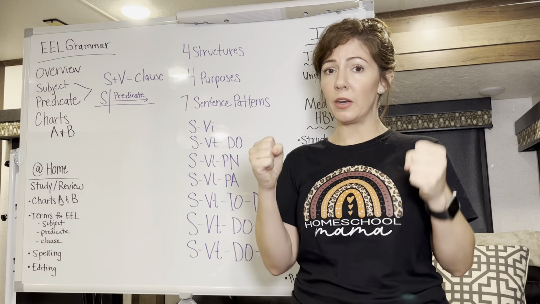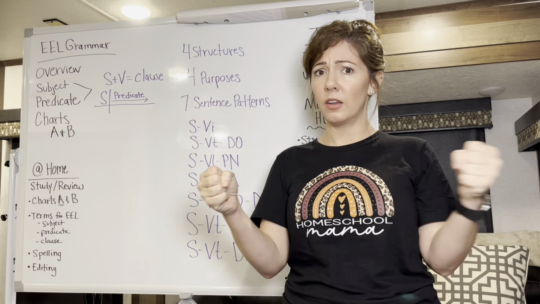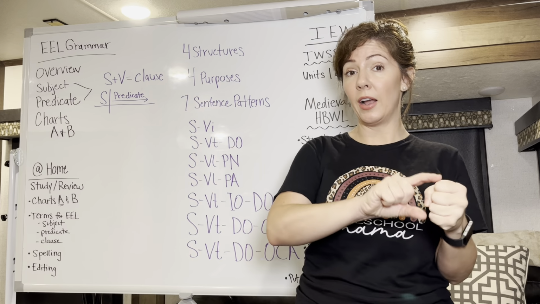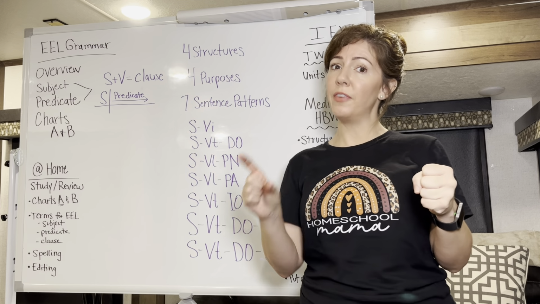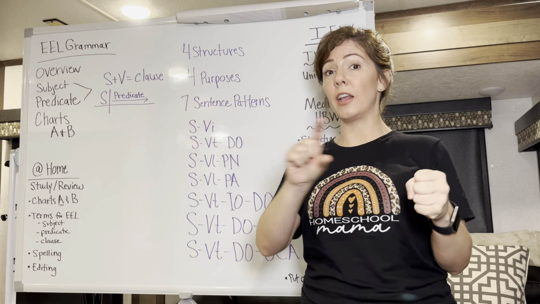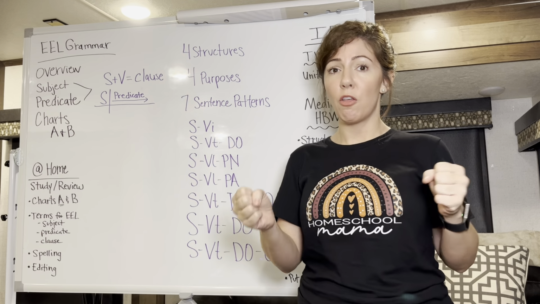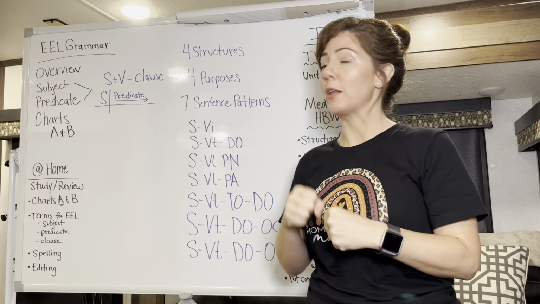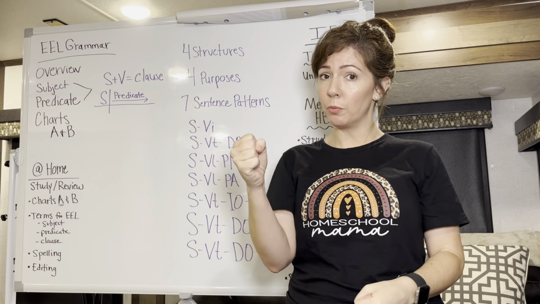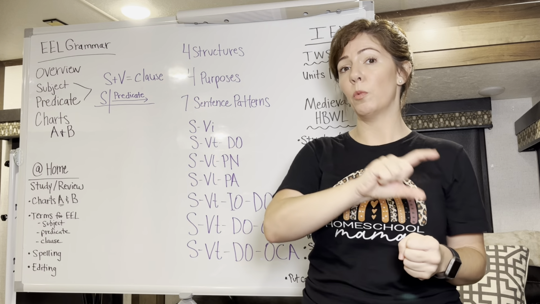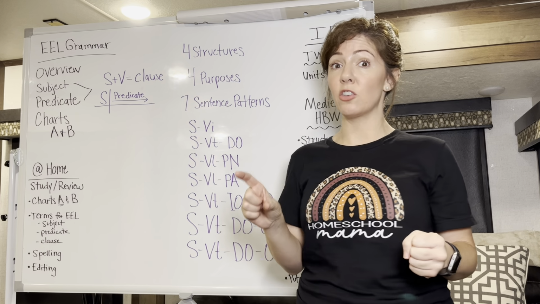So 2 separate standalone sentences in one sentence that are connected by a conjunction or a FANBOY, a coordinating conjunction: and, but, or those types of words. That's what makes it compound. We have 2 complete sentences, complete thoughts, connected with a FANBOY or coordinating conjunction.